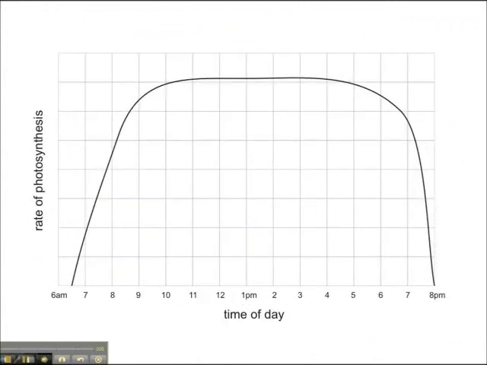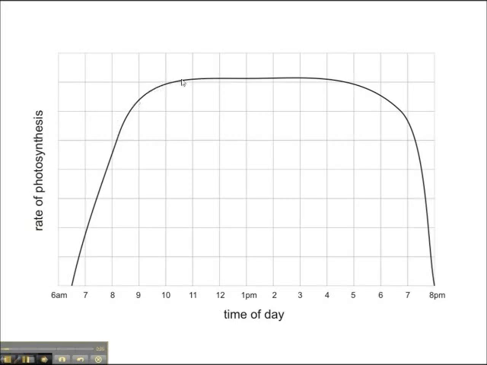Alright, here's a classic graph you might see in an exam. It's a graph of rate of photosynthesis of a crop, and along the bottom, time of day, starting from dawn going through to dusk. And we can see over on the left, 6 AM, sun is just coming up, not much light, so rate of photosynthesis is low, and then it zooms up as light is no longer the limiting factor.